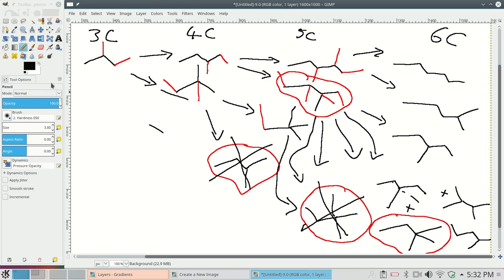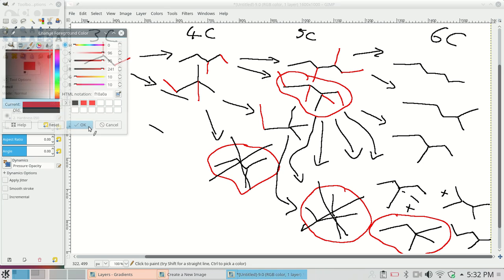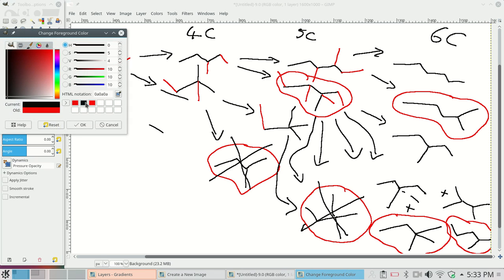So this one can go. Now we have to keep looking through this. This structure seems unique, so we don't really have to do anything with that, but this structure happens to be the exact same one as this one. So we can eliminate one of them.